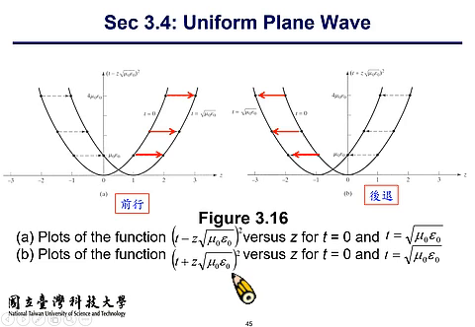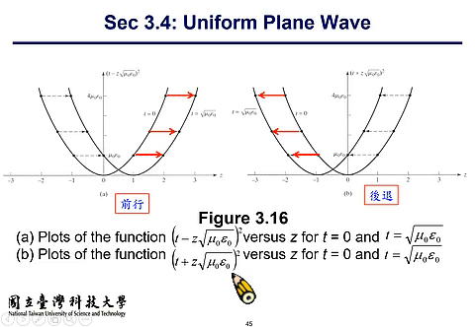As to the parameter of the function, that is t minus or plus z times square root of mu sub 0 epsilon, you can see that the minimum is satisfied when the parameter equals 0. This is the minimum for the parabolic curve.